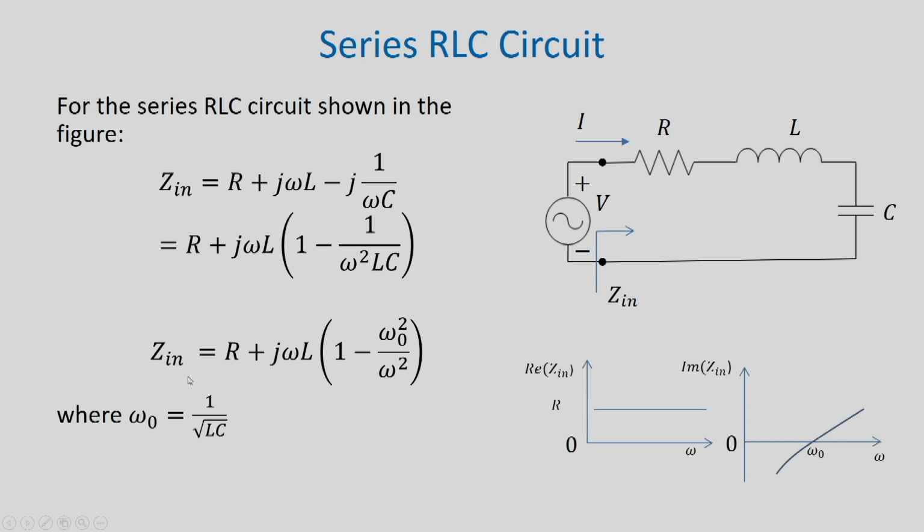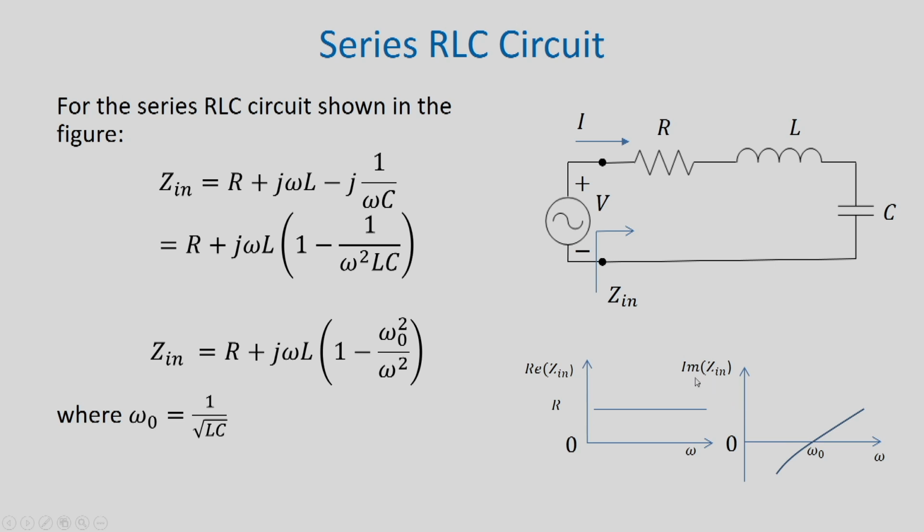We should note that for a series RLC circuit, the real part of Zin is constant R, and the imaginary part of Zin below the resonant frequency omega naught is capacitive, and above the resonant frequency omega naught, it becomes inductive.